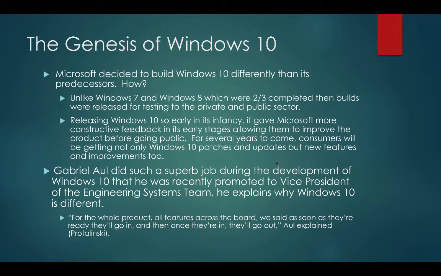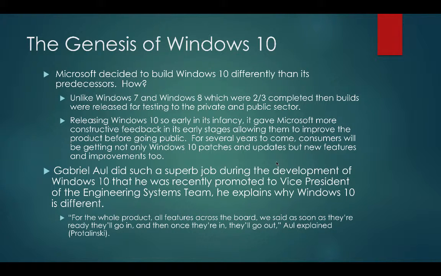However, Windows 10 took a different approach. 1/3 of the way, when the software was being developed, they decided to deploy it to the public and private sector in order for them to provide valuable feedback, which has shown to be a very positive experience for Microsoft.